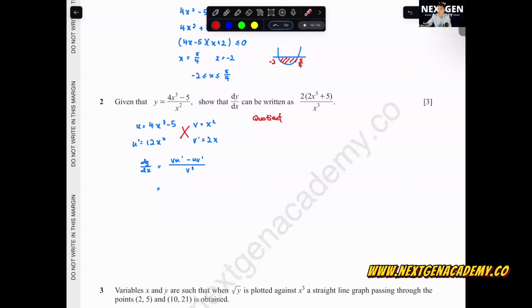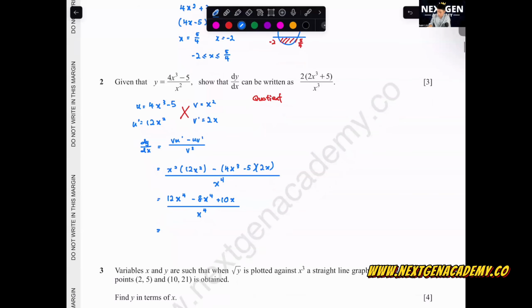vu' - uv' over v². v is x², times 12x², minus (4x³ - 5) times 2x, over v², which is x² squared, x to the power of 4. We open up. This will be 12x⁴ - 8x⁴ + 10x over x to the power of 4.